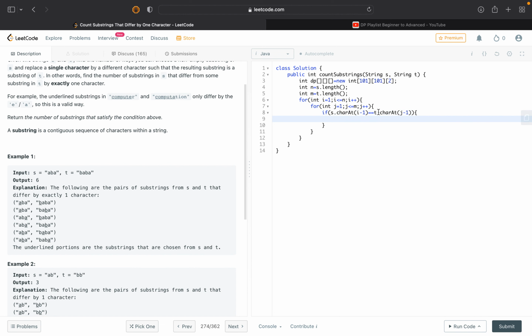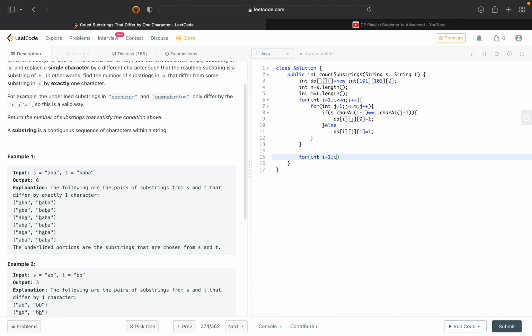So if they both are equal, I will simply set dp of i of j of 0, because they are equal, so they differ by 0 characters. Or else I will set dp of i of j of 1, because they differ by 1 character, I will simply put 1.